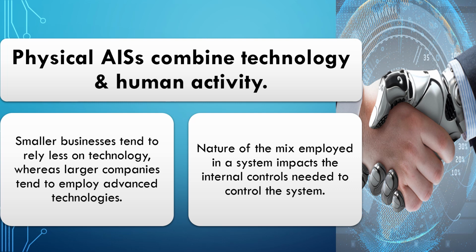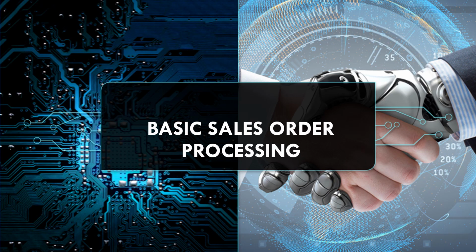So the more we are in an IT environment or advanced technology, the more IT controls we will need, whereas when we have less IT and more human interface, then we will have more internal control activities related to the staff and operation. So now let's talk about basic sales order processing.